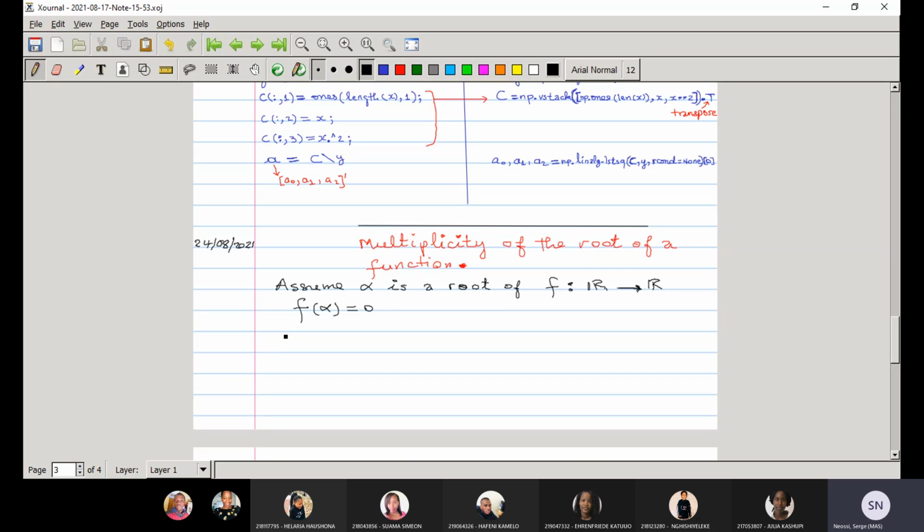m is a natural integer, a positive integer.